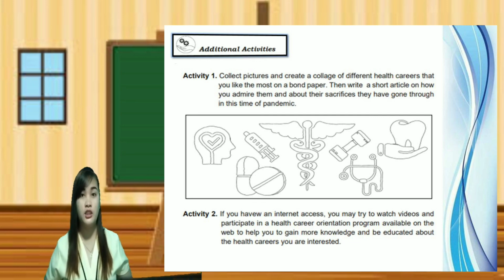And for activity number 2, if you have internet access, you may try to watch videos and participate in a health career orientation program available on the web to help you gain more knowledge and to be educated about the health careers you are interested in.